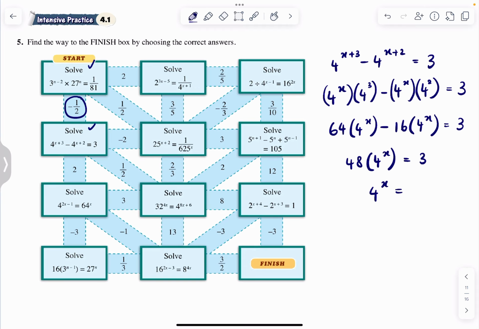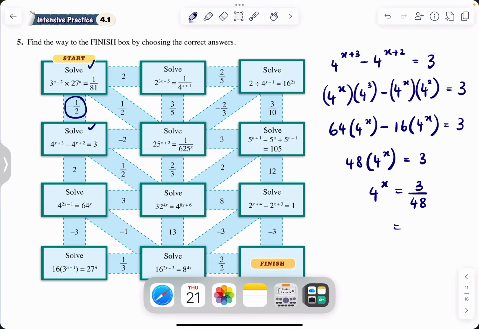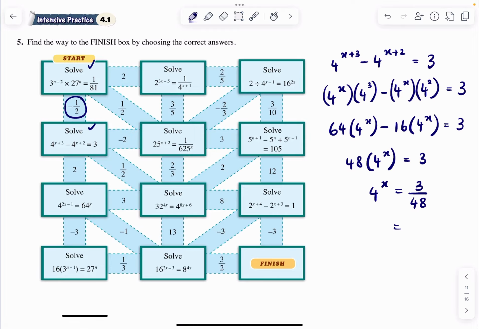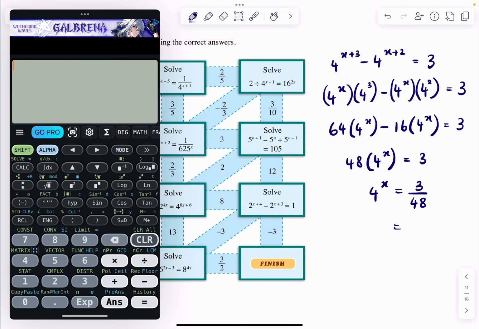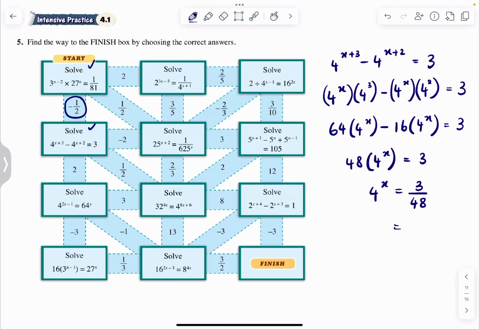So 4 power x is 3 over 48. 3 over 48, we can simplify it. 3 over 48 is 1 over 16. So 16 is 4 squared, so we can say 1 over 4 squared. And since we have 1 over, we can make this 4 power negative 2.